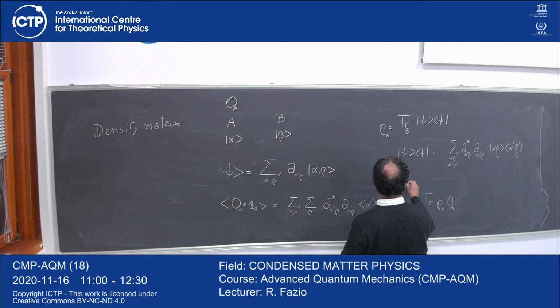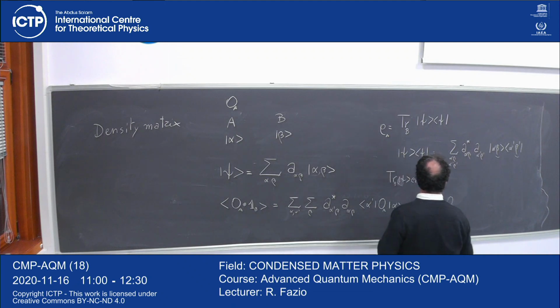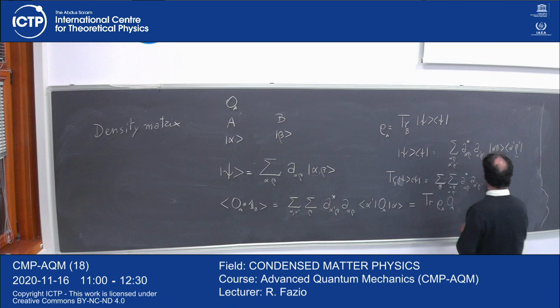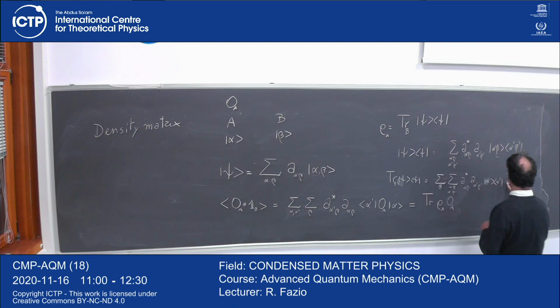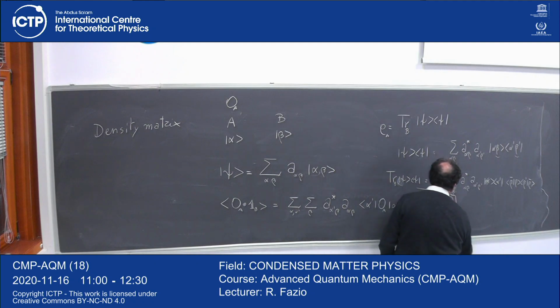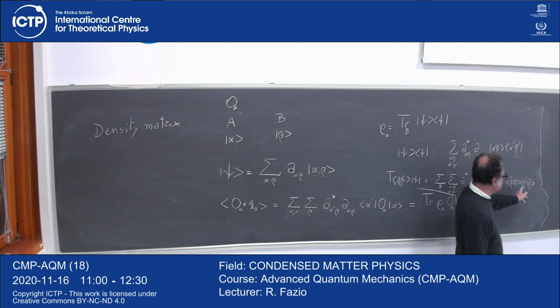Trace over B of rho is equal to the sum over beta bar of the sum over alpha, beta, alpha prime, beta prime of A star alpha beta, A alpha prime beta prime, and then I have |alpha><alpha prime|, and then here I have <beta bar|beta><beta prime|beta bar>. But these are two delta functions, okay?